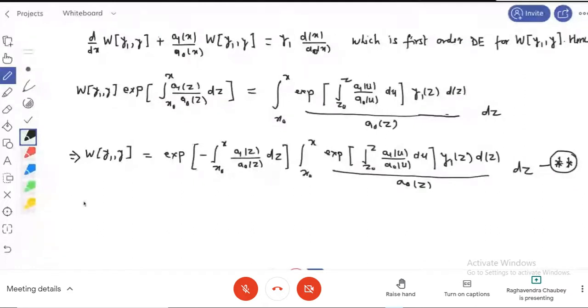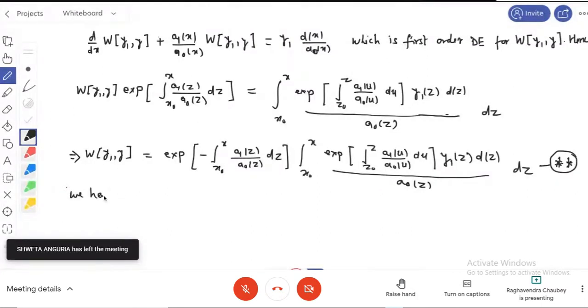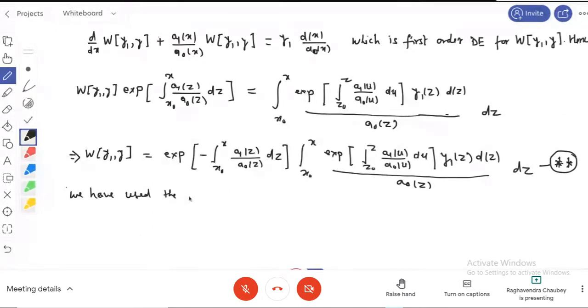Here, if you look at this term, we have used the initial condition.